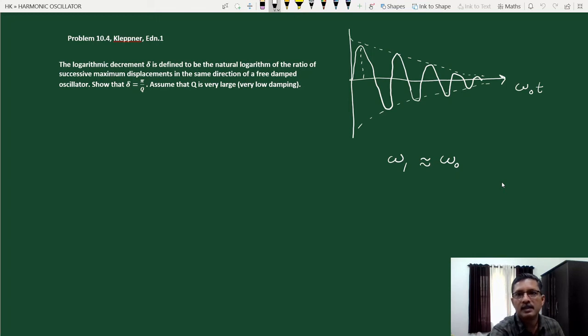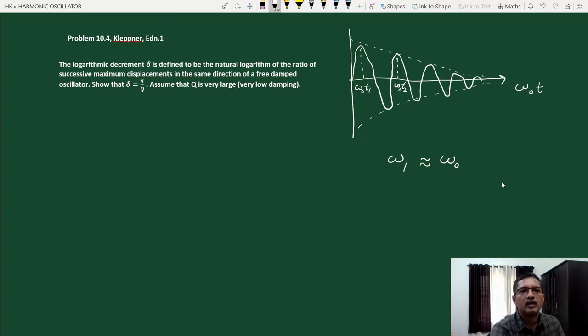So at this time, the angle here is omega 0 t1, where t1 is the time at which it becomes maximum. Then it undergoes maximum in the opposite direction. The next maximum in the same direction is here, at time t2, so the angle is omega 0 t2.